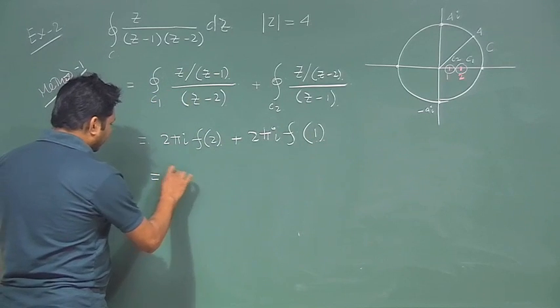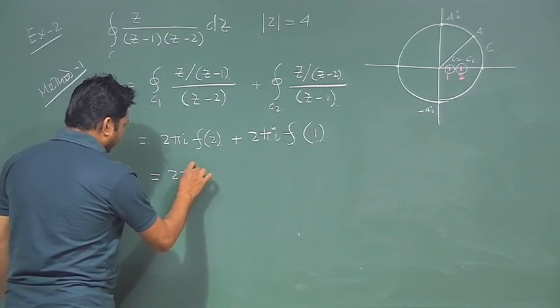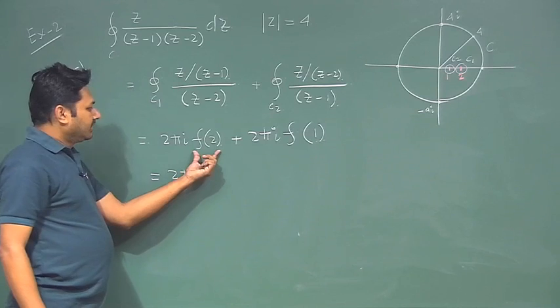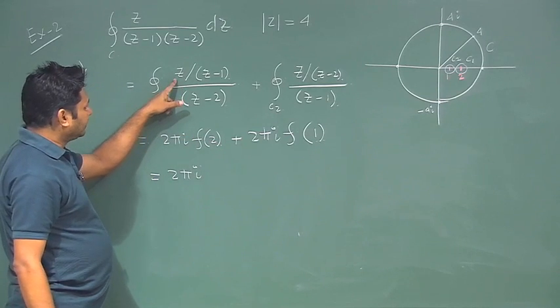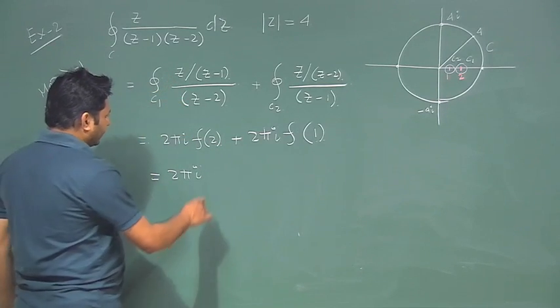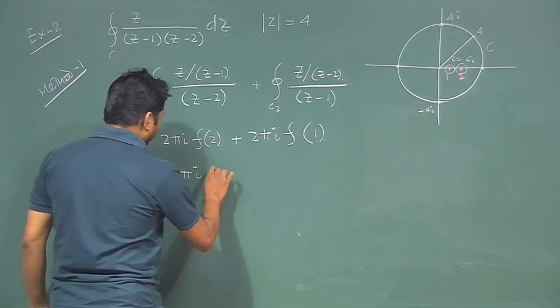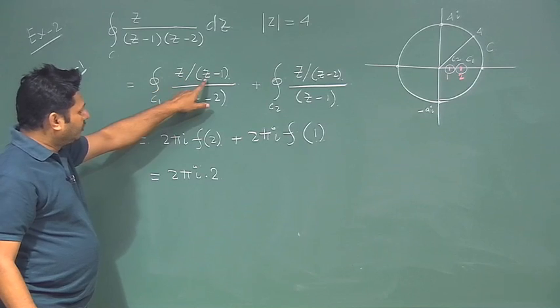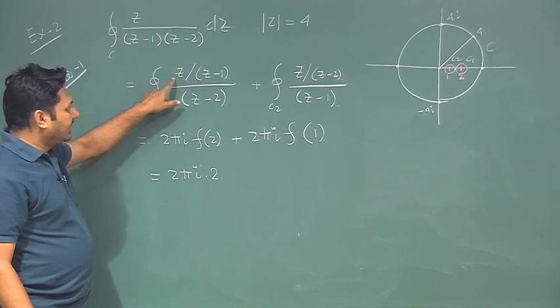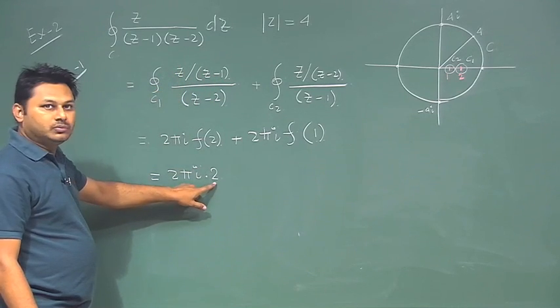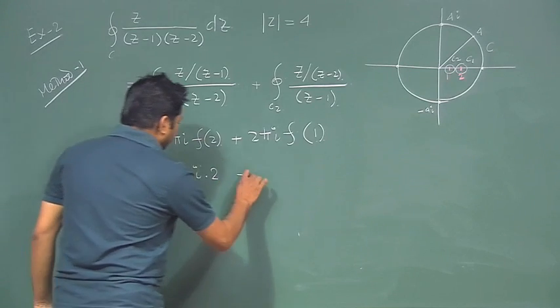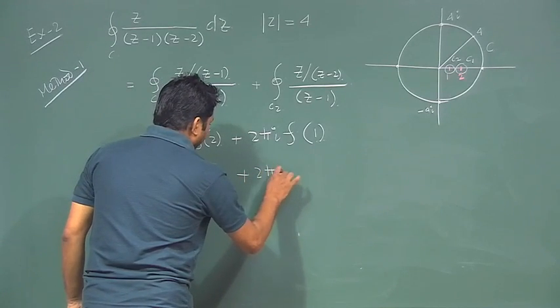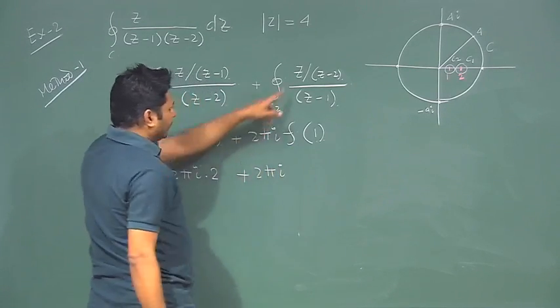So, it is 2 pi I, this function f at 2 means I just put z equal to 2. So, it is 2 over 2 minus 1. So, this entire quantity at z equal to 2 is 2, plus 2 pi I times the value at 1.